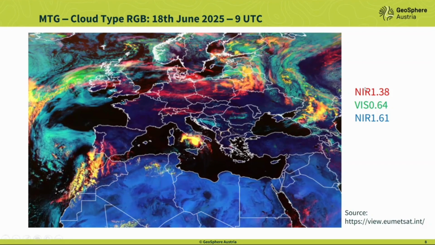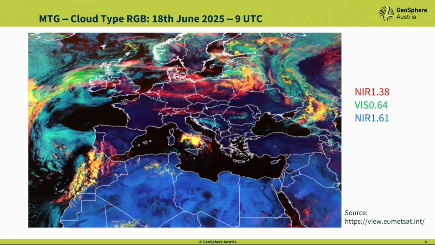So especially the red beam has a large contribution when it comes to thin cirrus clouds, because higher reaching ice clouds look kind of yellow, but this bright red indicates thin cirrus clouds over land. Over sea, the red might not be that bright, as you can, for example, see over the Red Sea. So over sea surfaces, that red is not that pronounced.